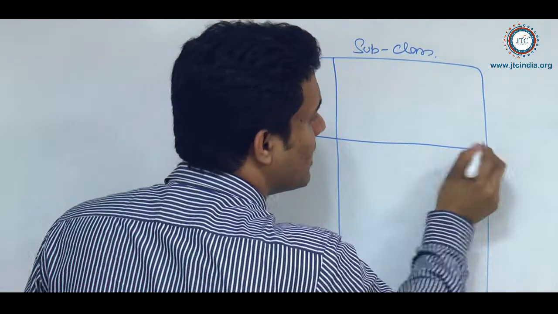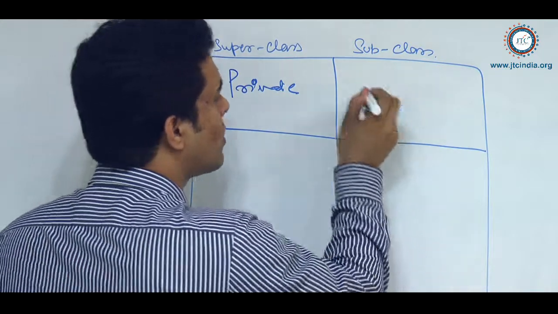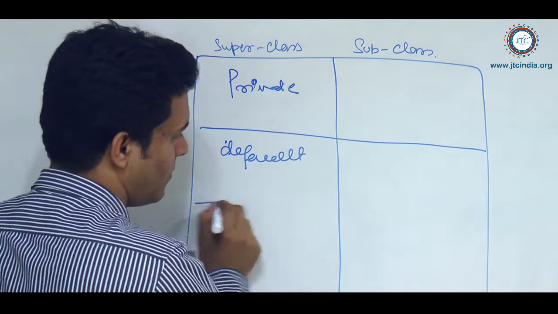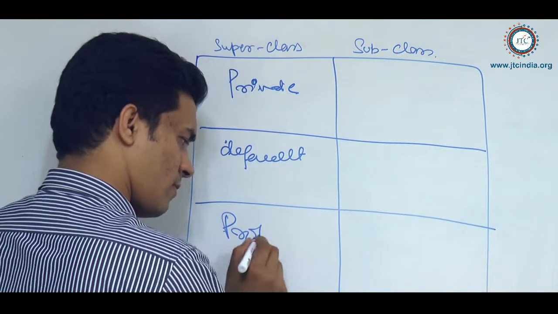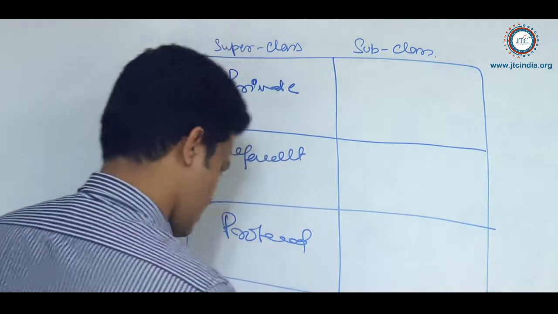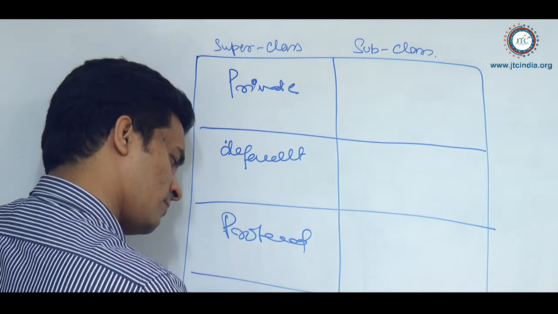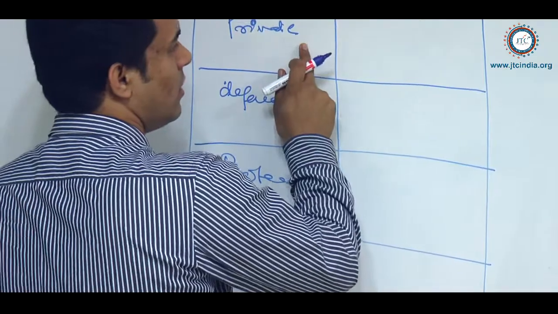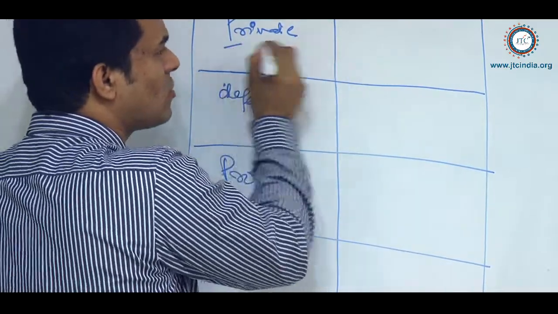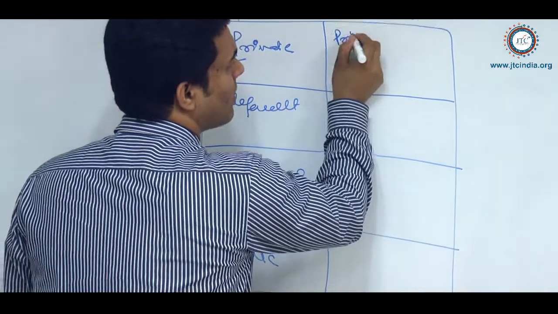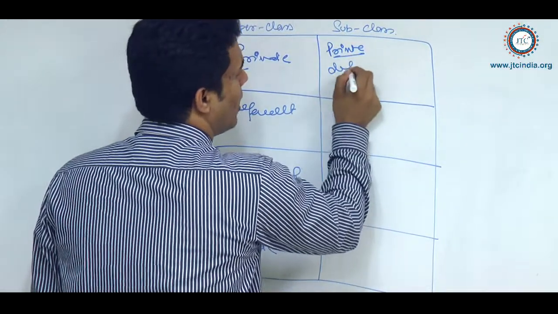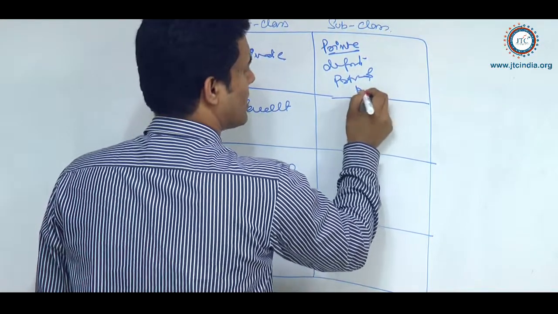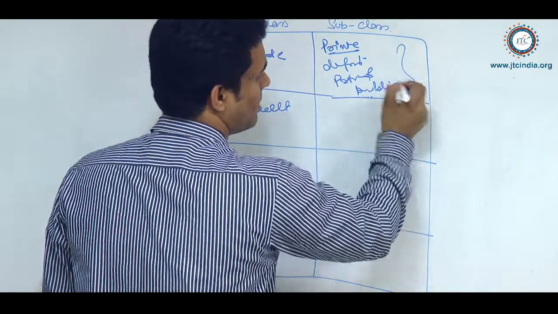then if you are writing the same method inside the subclass, you can write anything: private, default, protected, and you can say public, right?